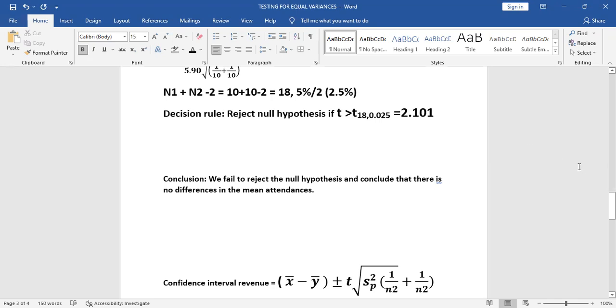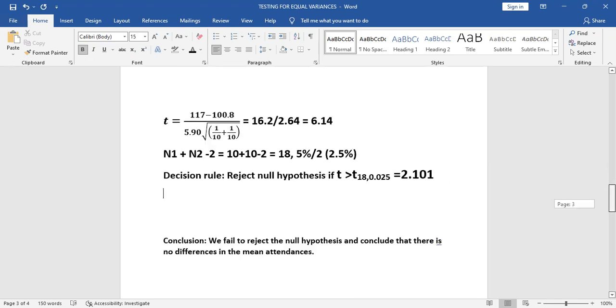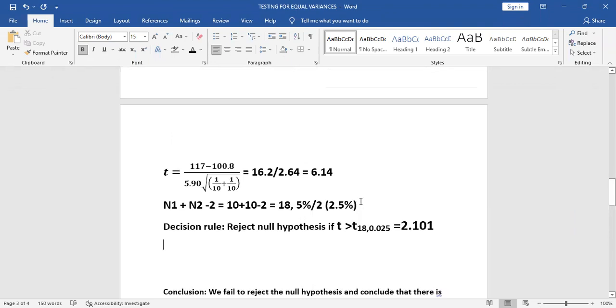So now, let's make a comparison so that we make a conclusion. Our calculated T is 6.14. Is it greater than 2.101? Yes, this T that we calculated is greater than 2.101.